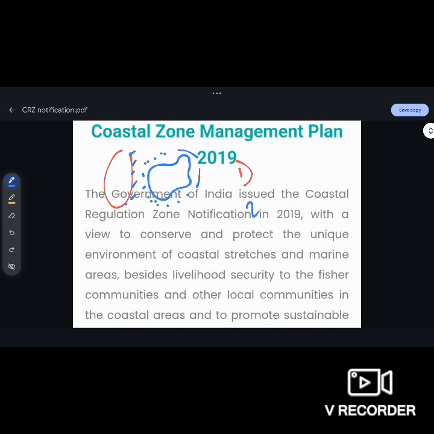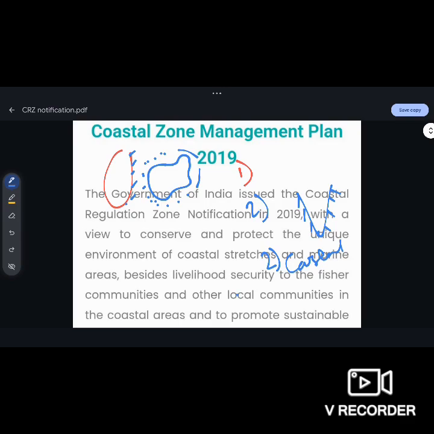The second problem is the increasing sea level and coastal inundation in the Indian subcontinent and also in various parts of the world. Because of this, we have to secure the welfare of coastal communities, and particularly the fishermen communities.